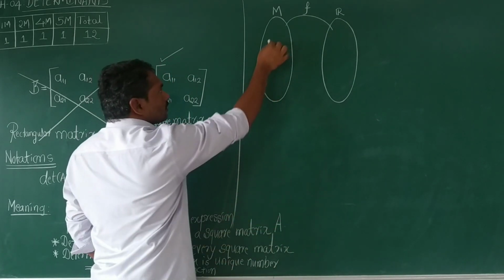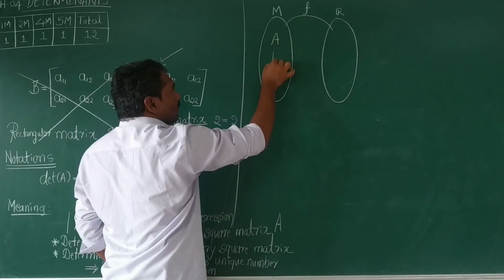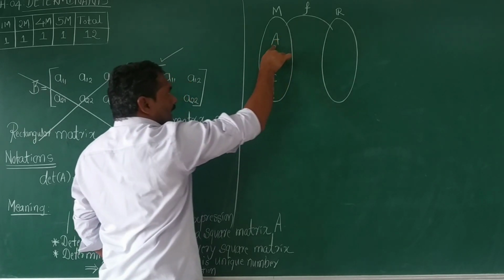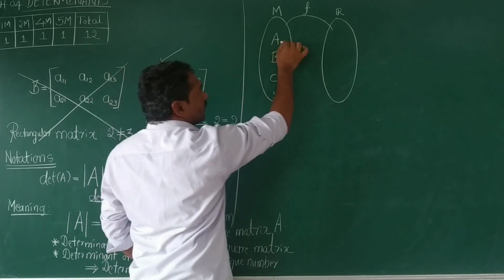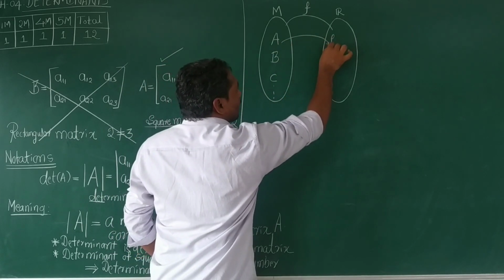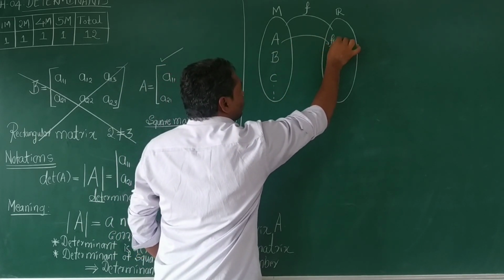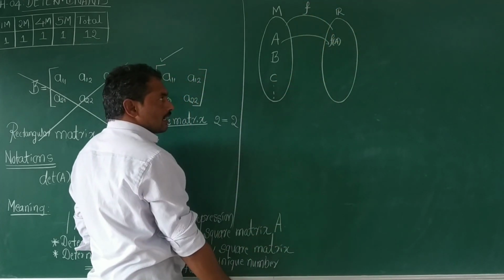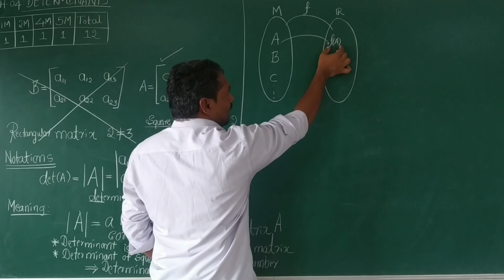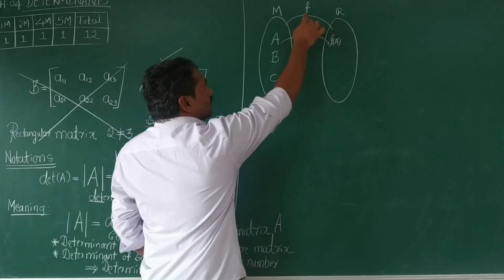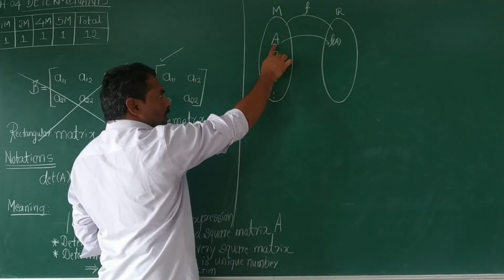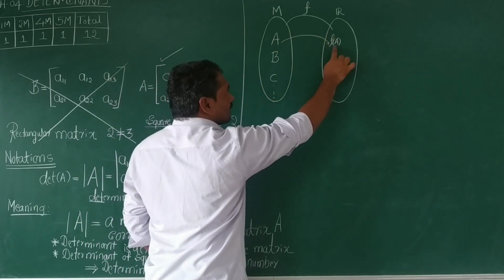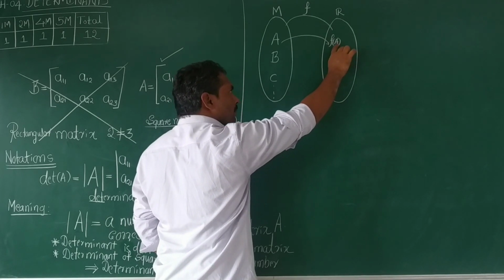So that function relates every square matrix to an image. The image of the function is an element of the set of all real numbers, meaning this is a real number. So therefore this function relates every square matrix to a real number. It means this is the real number corresponding to a square matrix.